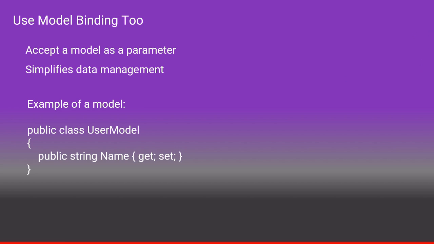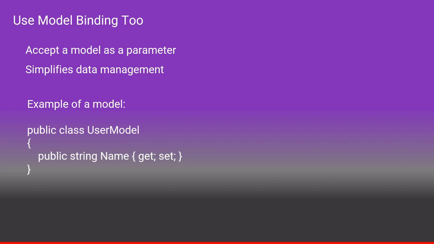For example, you could create a user model class with properties like name and then modify your action to accept this model as a parameter. This approach makes your code cleaner and more organized, especially as your forms grow in complexity.